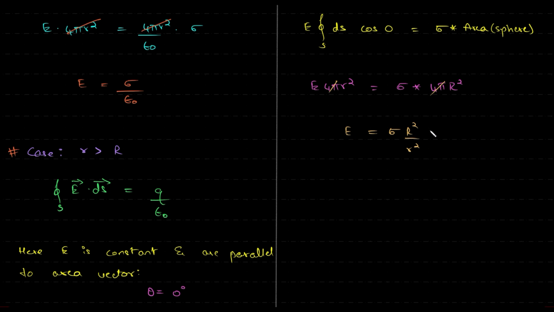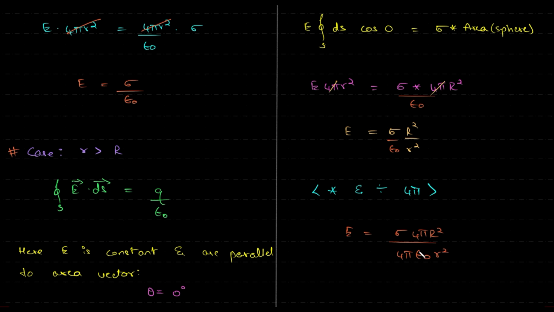Basically, in terms of units, it depends on the density and your distance from the sphere. Actually, there's one more thing. I'm going to multiply and divide with 4 pi. Basically, I'll get E is equal to sigma times 4 pi capital R square, denominator 4 pi. Oh, sorry, I missed out epsilon naught itself: epsilon naught r square.